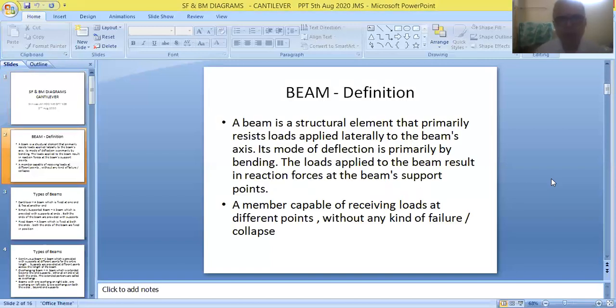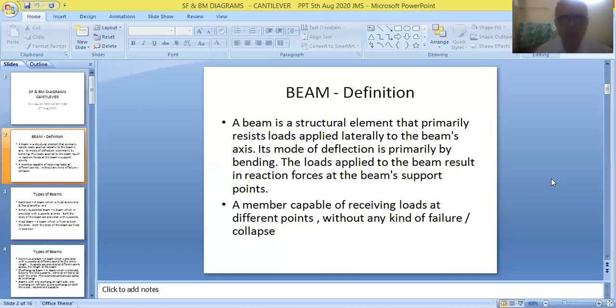So friends, here basically we have to note down the basic definition of this term referred to as beam. So we talk about different types of beams. Different types of beams are available for construction of structures.